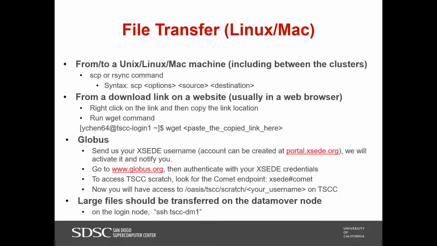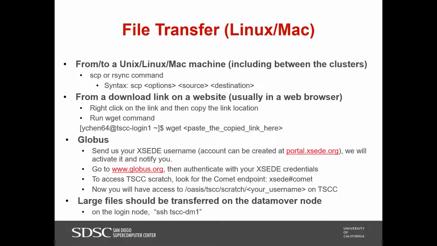Okay, so how about if you want to download something from a website? Usually you see a download link when you're opening a website in the web browser. What you can do is right click on the link and then copy the link location. Then you go back to the TSCC cluster and use the wget command.